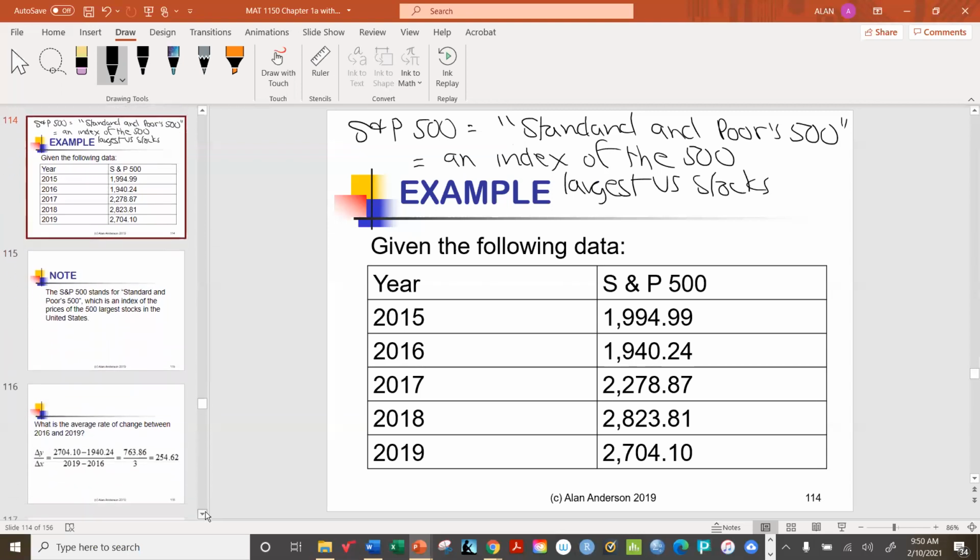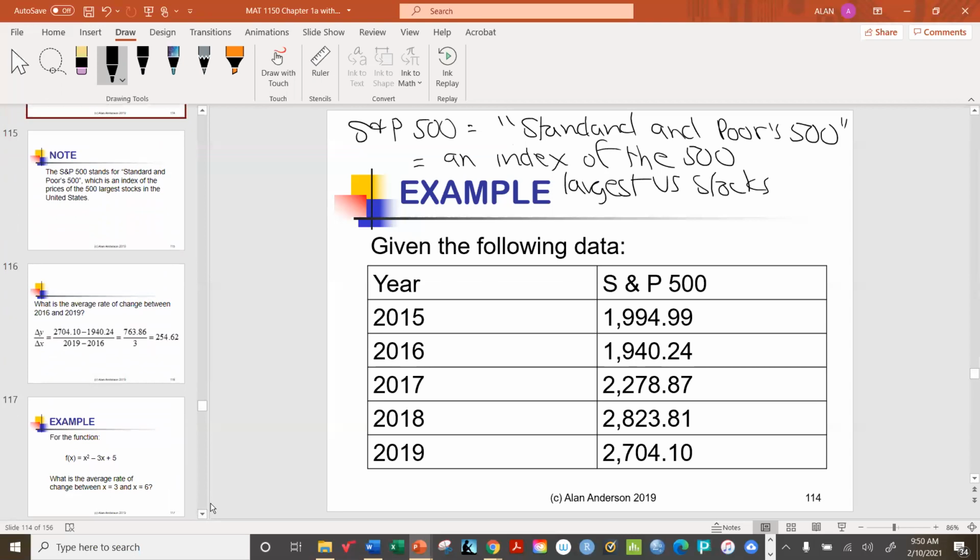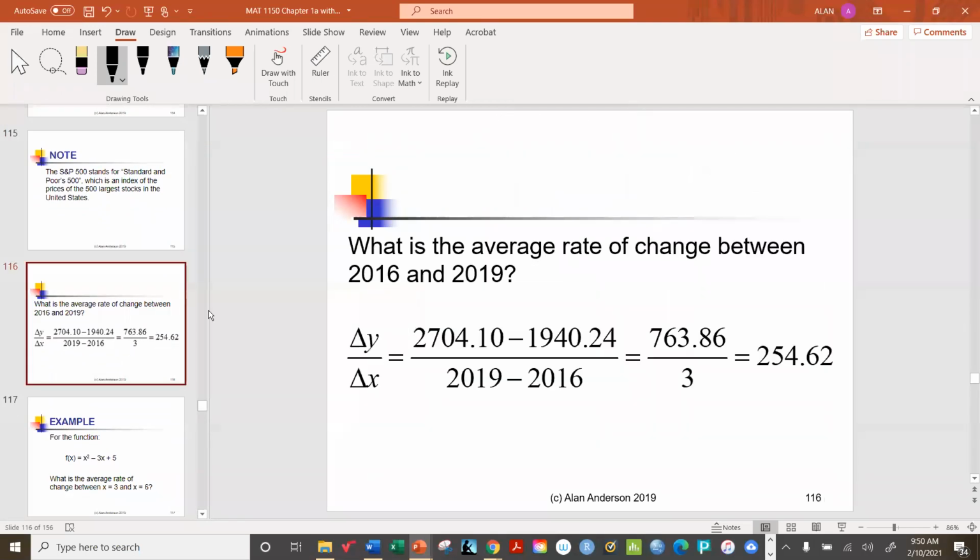So that means that if you're going to look at, oh, okay, so for whatever, the question is 2016 and 2019, all right, whatever. You could do this for any 2 years you want. So these are the years. So again, x's are years.